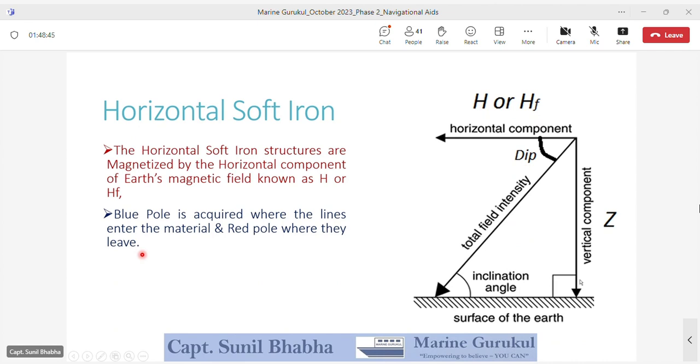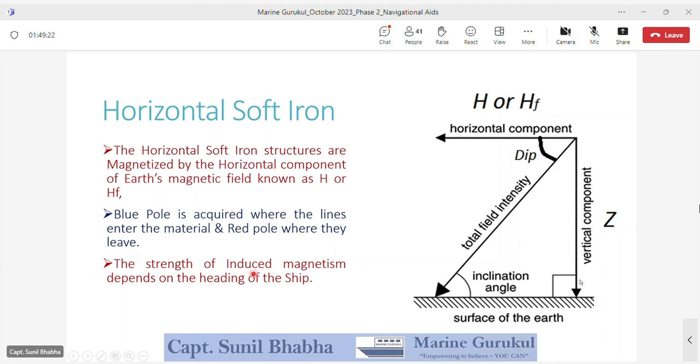Since the lines are entering there, it will have a blue pole at that location. Going to the forward end of the fore and aft longitudinal, the lines of force will be coming out from the forward end. So the forward end of the longitudinal will acquire a red polarity. So this is the meaning of the second sentence: a blue pole is acquired where the lines of force enter the material, and a red pole is acquired where they leave the material.